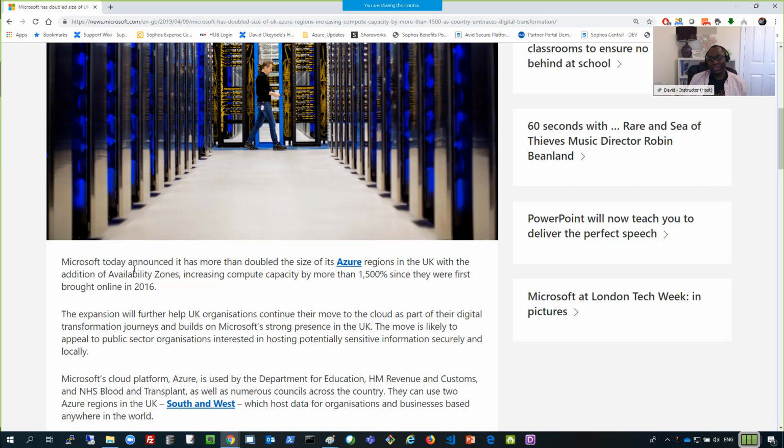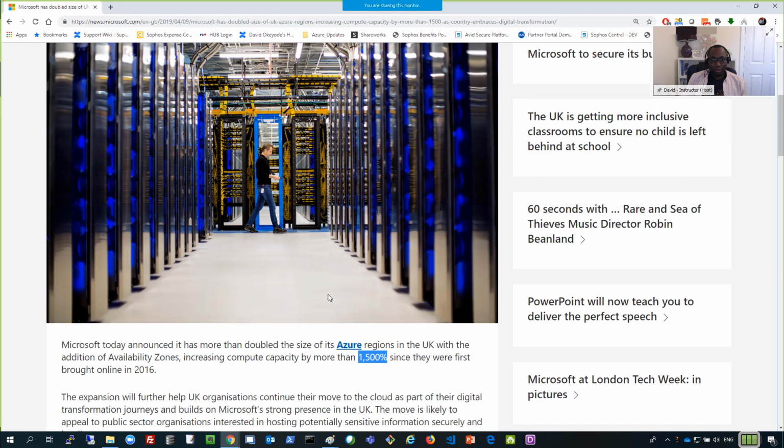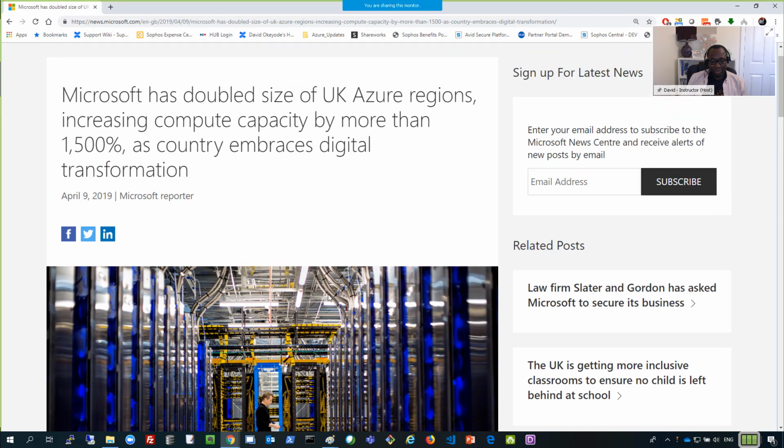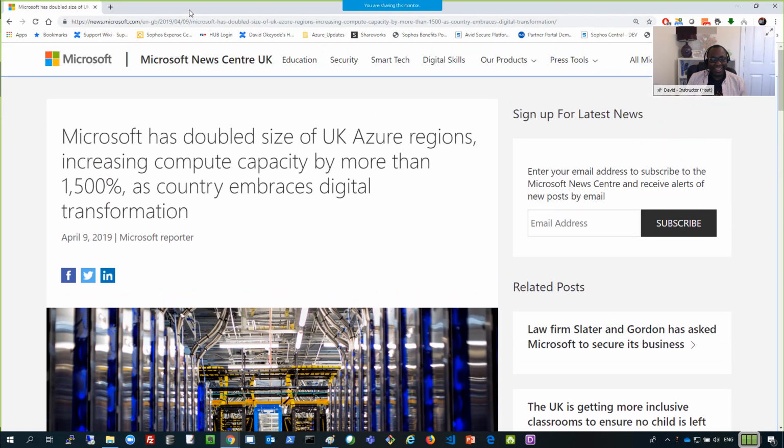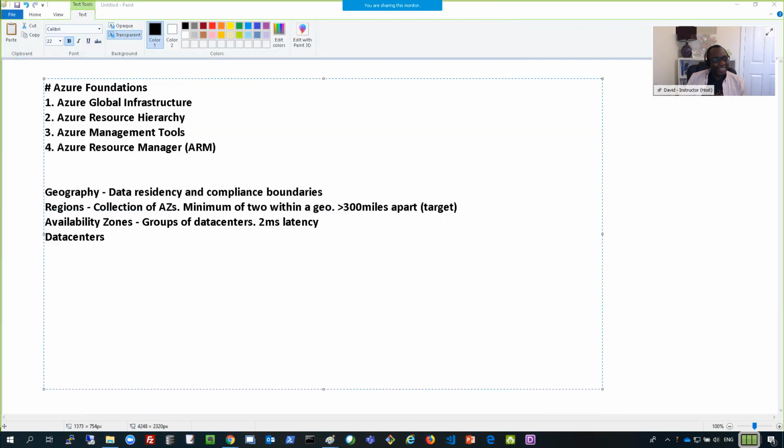So there was an issue sometime last year, and I think this was one of the responses to it. So they doubled the size. It's more than a 1,500% increase. So yeah, it's all good now. We shouldn't get those issues again, hopefully. But that just shows how cloud adoption is growing rapidly across the region.